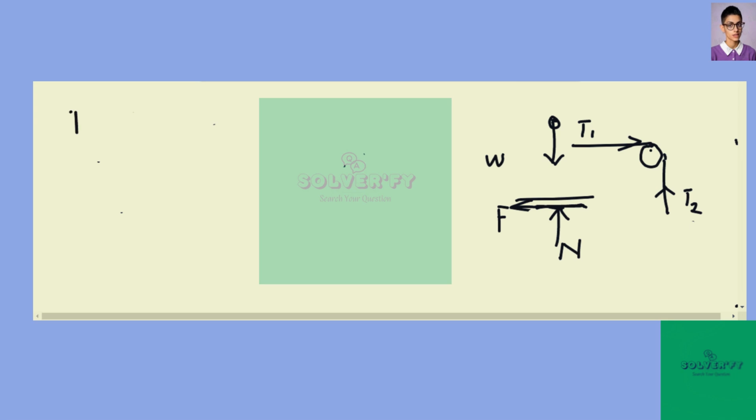So the relation between T1 and T2 is going to be T1 equals T2 times e to the power of mu theta, where mu is given in the question, the coefficient of friction between the string and the surface there.